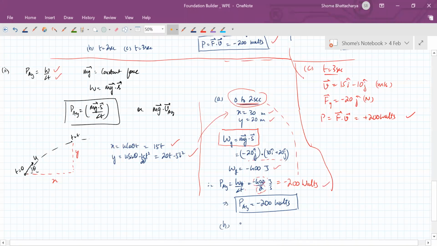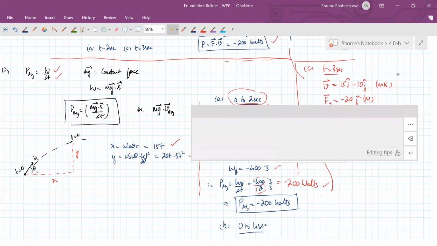Now next we'll calculate the same thing for 0 to 4 seconds, instead of 0 to 2 seconds. Just try it out yourself for 0 to 4 seconds. Kunj, your answer is correct.